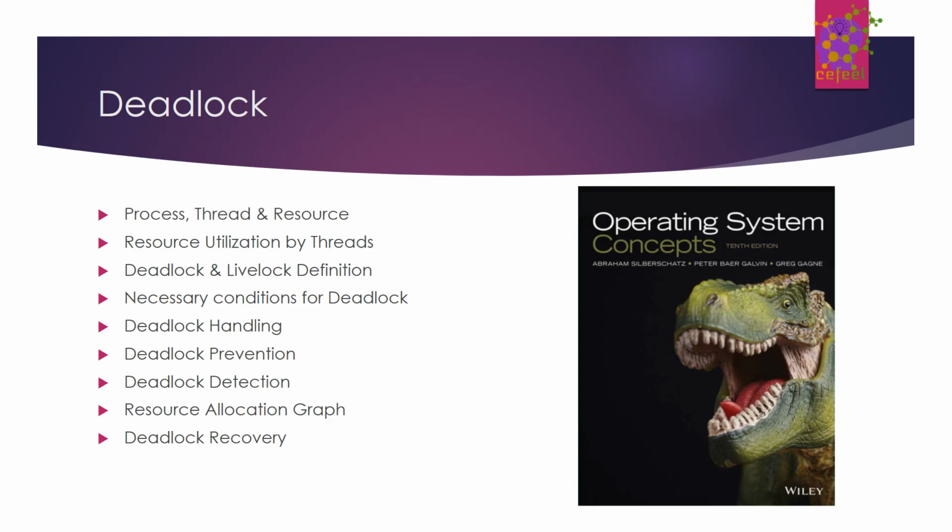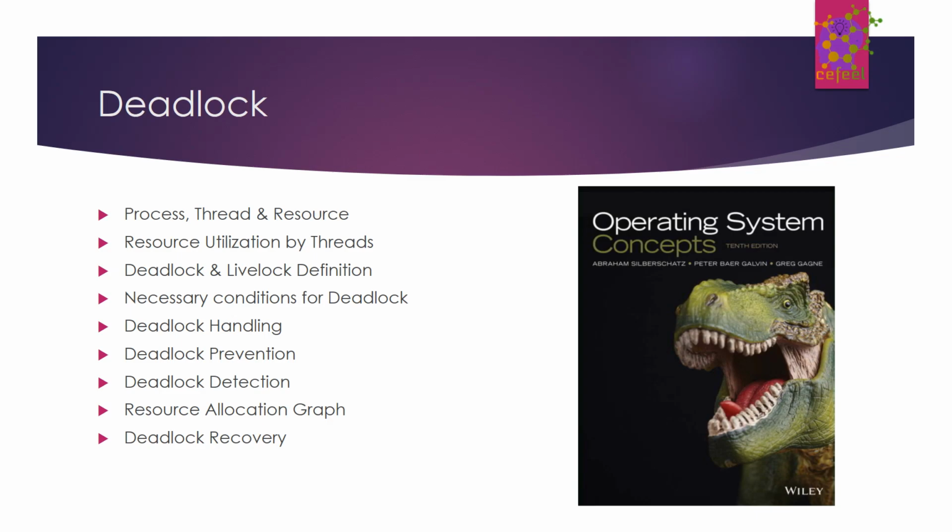Then we will see how a resource is being used by a thread. Basically there are a few steps through which a thread uses a resource and then releases it. Then we will start with the definition of deadlock as well as livelock. Little bit about livelock. We won't cover much about livelock because the video is more about deadlock.